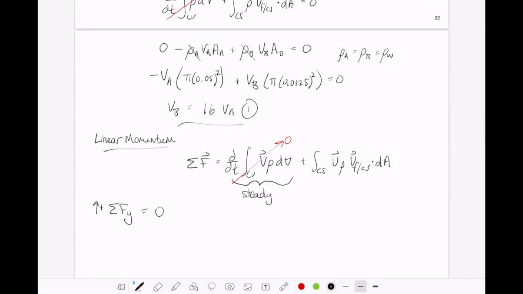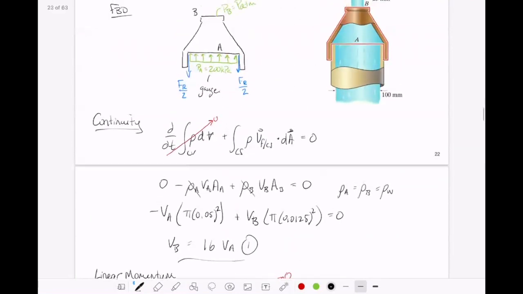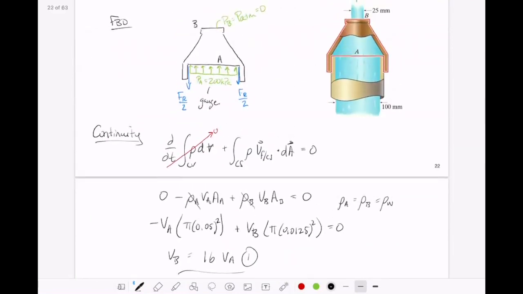We have the fluid exiting at point B and entering at point A. So at point A, we're going to have mass entering the system.